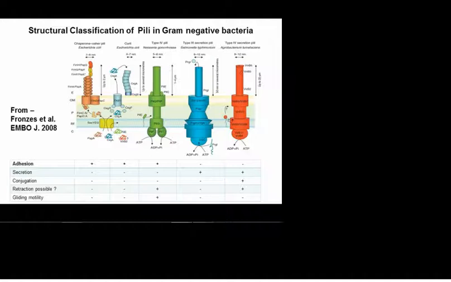Type 3 secretion pili. So how do these work? Once again, you've got a big complex structure in the inner and the outer membrane. This time, the subunits that make up the filament are not added at the base, but they go through the filament here.